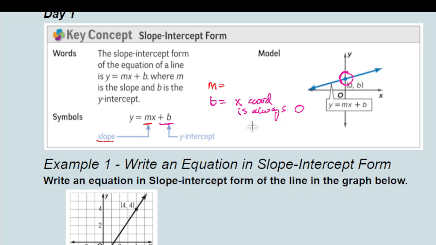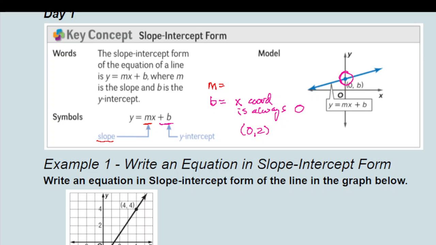If they don't say this is the y-intercept, but they give you the point 0,2, you know that, hey, this is where it crosses the y-axis, right? So because of that, this is my y-intercept, and it crosses the y-axis at the point 2. So that's sort of a breakdown of what slope-intercept form looks like.